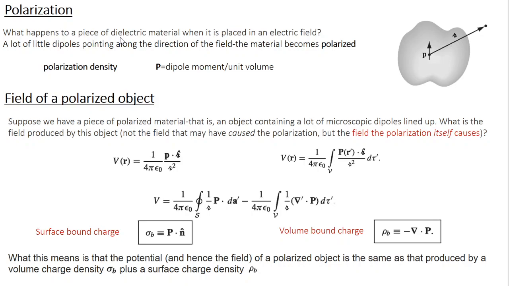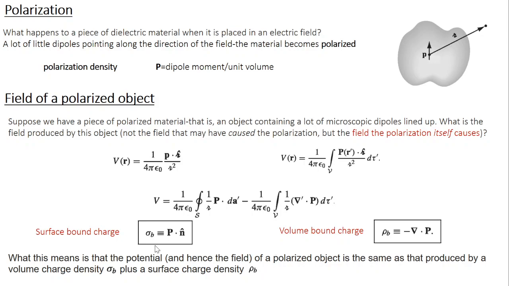They are bound to each individual atom or molecule. So we call these bound charges, denoted by the subscript b. So sigma b is the surface bound charge and rho b is the volume bound charge. Now what this equation means is that the potential, and hence the field, of the polarized object is the same as that produced by a volume charge density rho b plus a surface charge density sigma b.